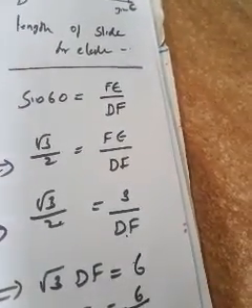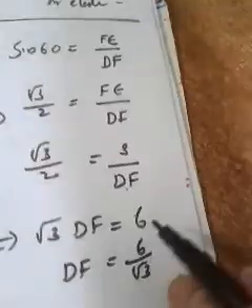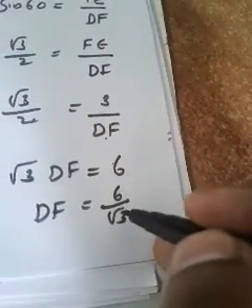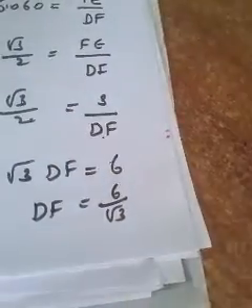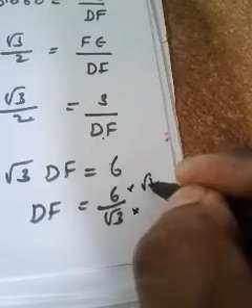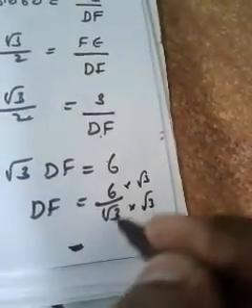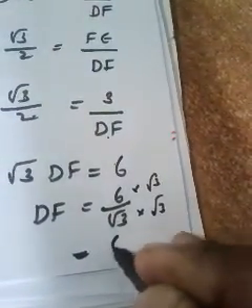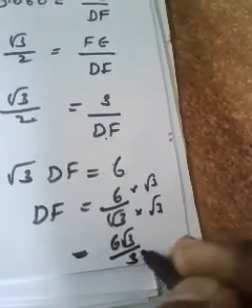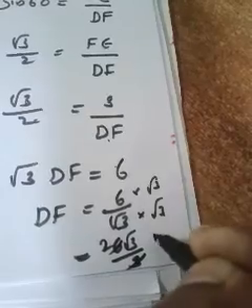DF will be 6 by root 3, because here root 3 is multiplied with DF. Since the denominator is an irrational number, to make it rational, multiply both numerator and denominator with root 3. Numerator is 6 into root 3, 6 root 3, divided by root 3 into root 3, is 3. Then 3 and 6 cancel, here 2 will come, so the answer is 2 root 3 meter.